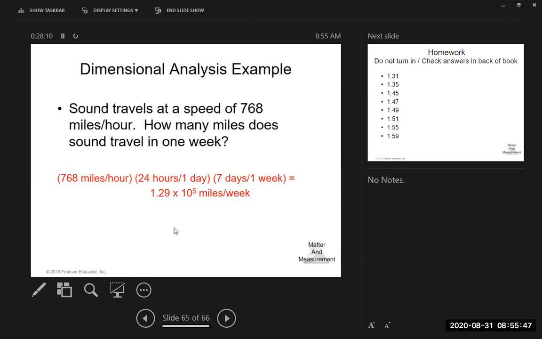And then divide that into 768. So does everyone see there how the units cancel? Okay.